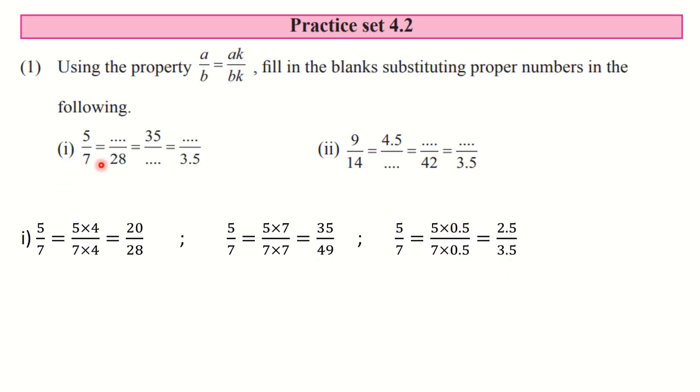So in this way, all the 3 ratios I found separately first. Then I will write it again as a final answer in the form of the question. Okay, so see all the fill-ups here. In the first fill-up, the answer is 20. In the second one, the answer is 49. And in the third one, the answer is 2.5. Please complete it.